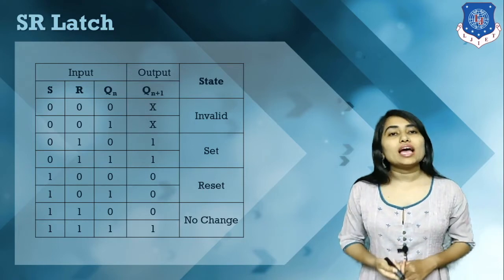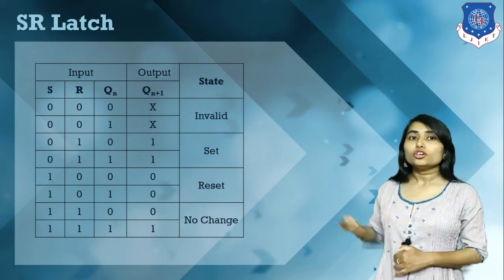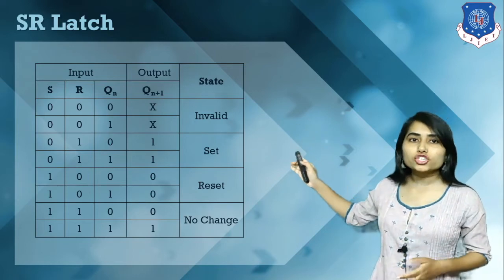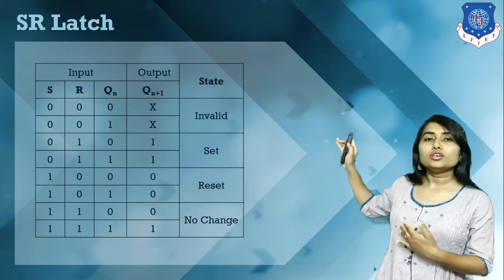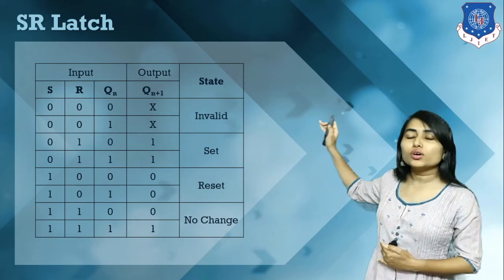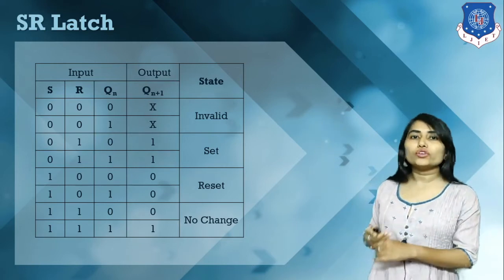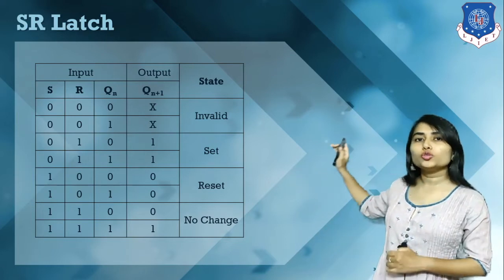Now we have the next, S equals 0, R equals 1. So whenever S equals 0 and R equals 1, whatever the condition of past output, either 0 or 1, we have the output Qn+1 equal to 1, 1. So whenever S equals 0, we have output 1.